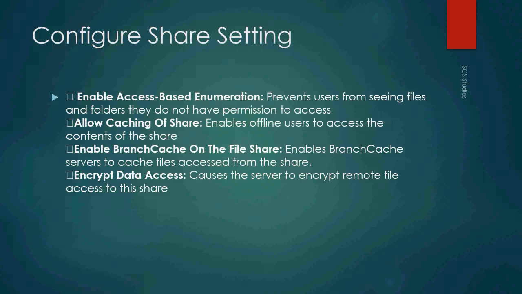Configure share settings. This is very important. Enable access-based enumeration. This is one of the key features in today's shares. It prevents users from seeing the files and folders that they do not have permission to access. Suppose you have a file server with two different shares. One share is associated with Shantanu and another share is associated with Sumit.